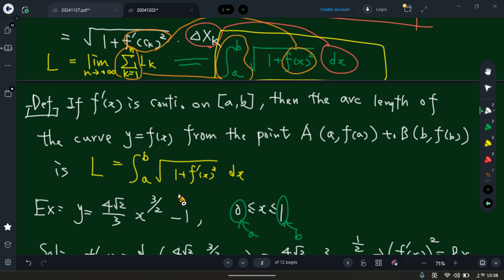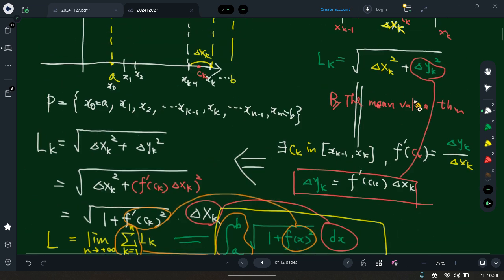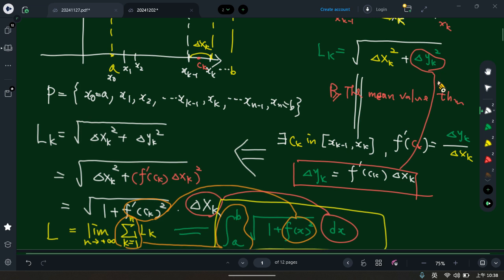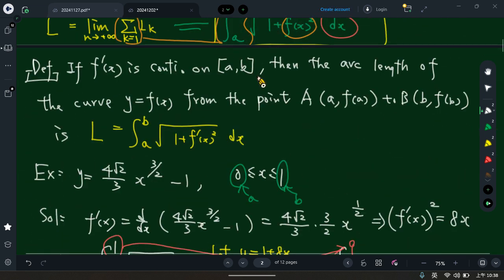The idea actually comes from the mean value theorem. Originally we have two variables, delta x and delta y, but with the mean value theorem, we can convert delta y_k into delta x, so that you just need to face one variable instead of two, x and y, simultaneously. So finally, please just remember this.